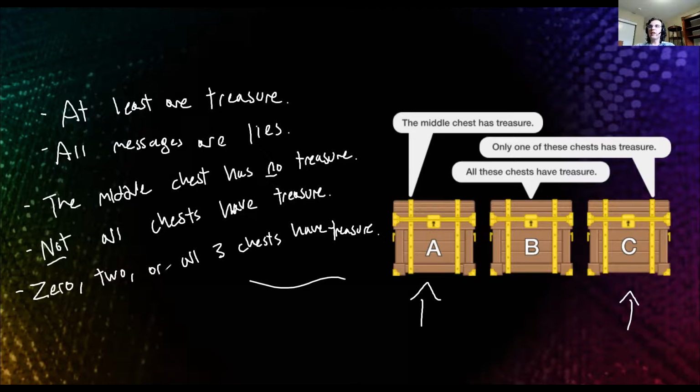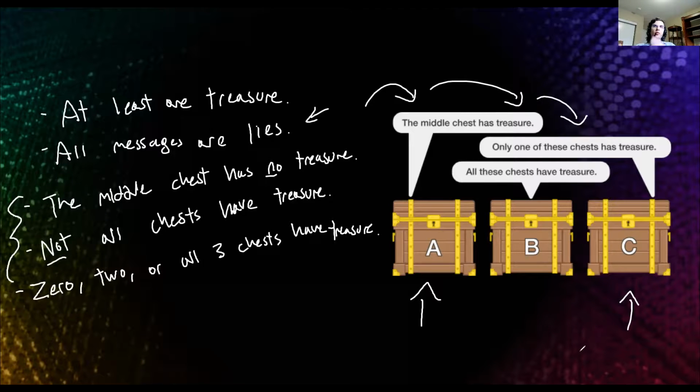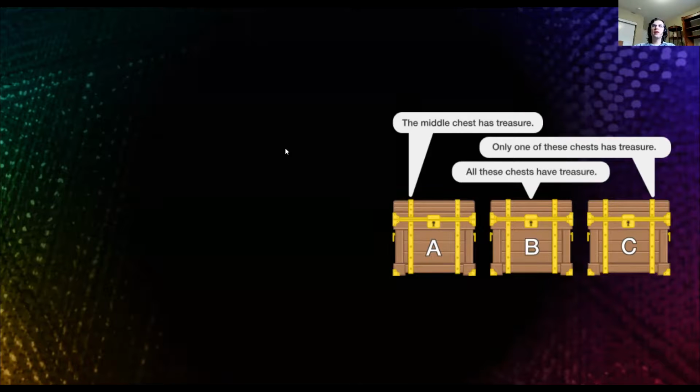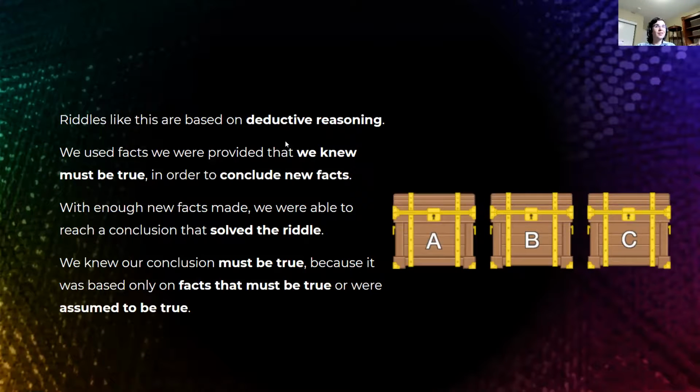Even these 3 facts I had on the bottom were actually new facts I made by using this fact in conjunction with these 3 facts, right? So every single fact I use to eventually reach the conclusion of which chests have treasure, right? Tongue twisters. That was all based on leading to new statements based on the truths of previous statements we had, which, now that I've said it, what kind of reasoning was this? Deductive reasoning, right? Spoiled it there with my own tongue twister.